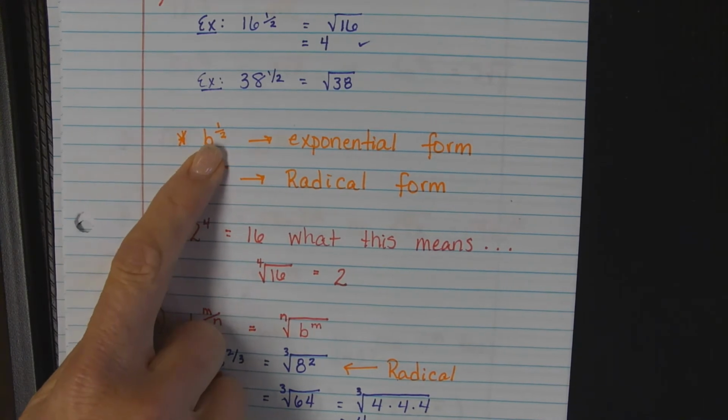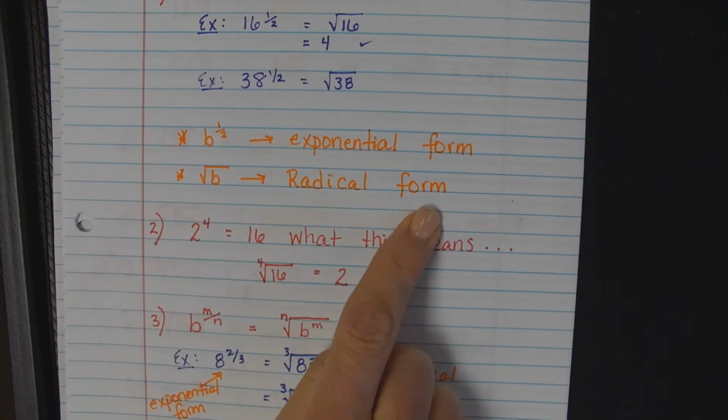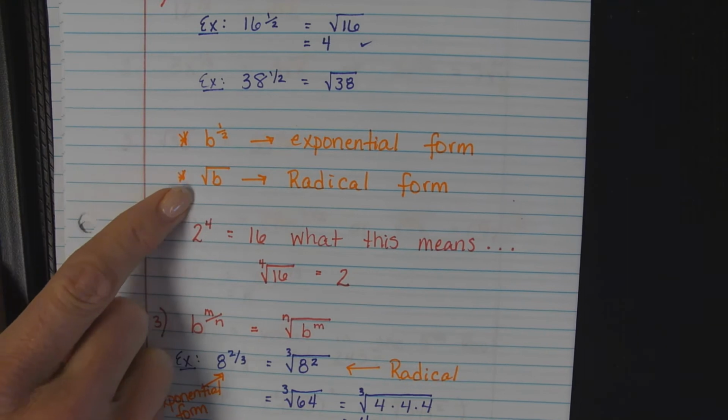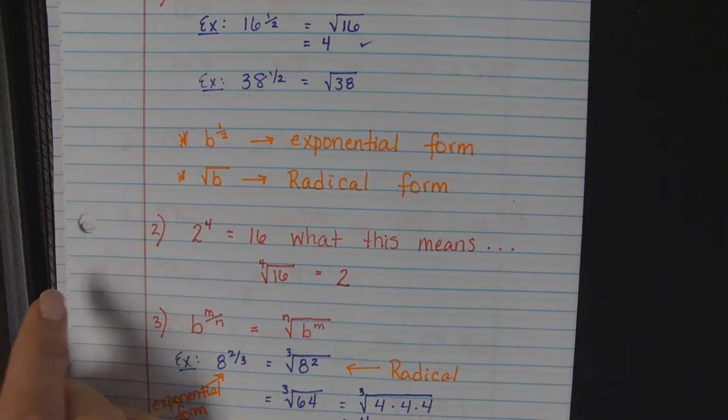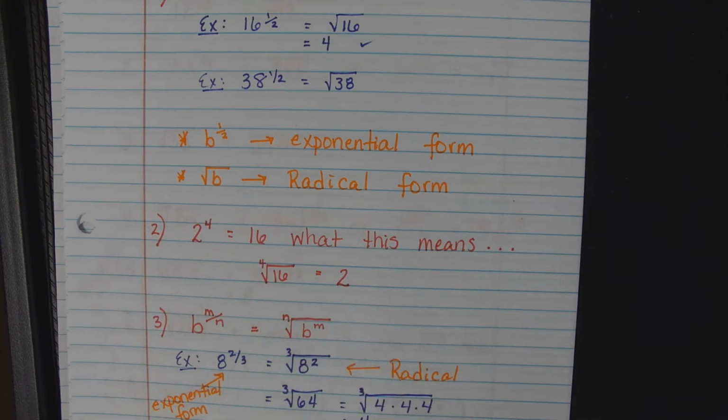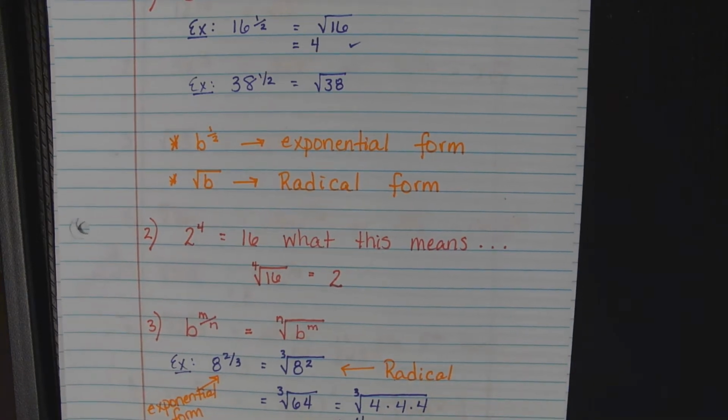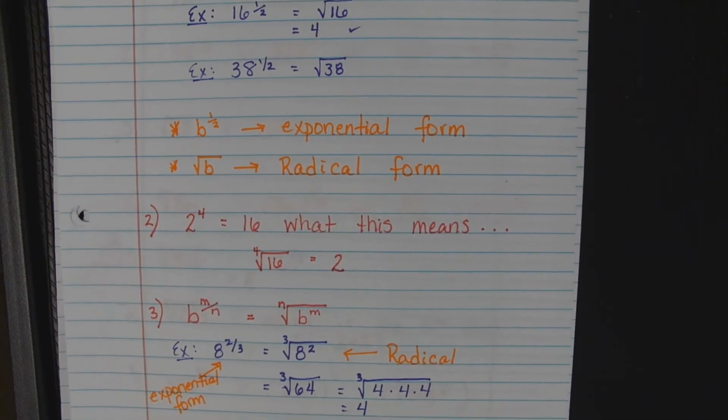You have the exponent. This is called radical form. Well, I just told you this cool little house thing, it's called a radical. Okay, y'all okay with that so far? What you're going to be expected to do is go from exponential form to radical form, from radical form to exponential form. Okay? All right, so let's move on to number 2.